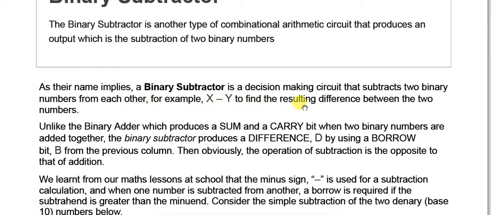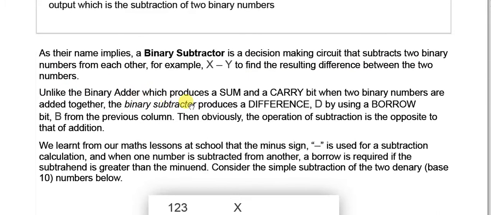Unlike a binary adder, which produces a sum and a carry bit when two binary numbers are added together, the binary subtractor produces a difference d by using a borrow bit b from the previous column.